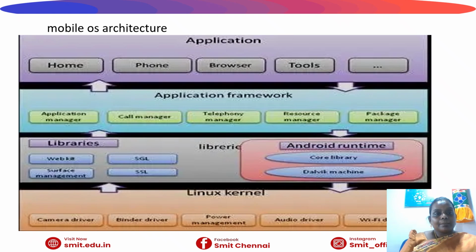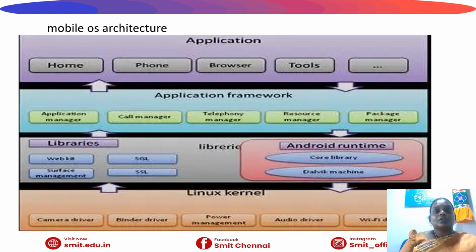and in the application layer, we have home, phone, browser, tools, etc. that contain user applications. These are all user applications, for example browser, camera, WhatsApp, email, Gmail, etc. These are the application layer, and then the application framework layer. It provides APIs and services for application development, and manages activities, notifications, and resources.